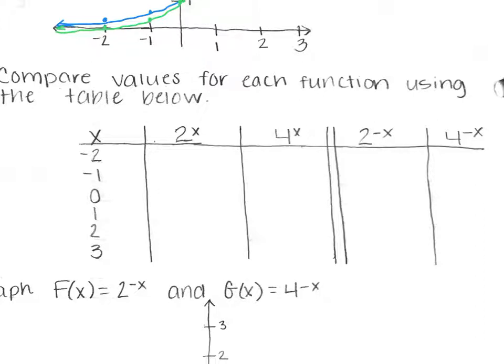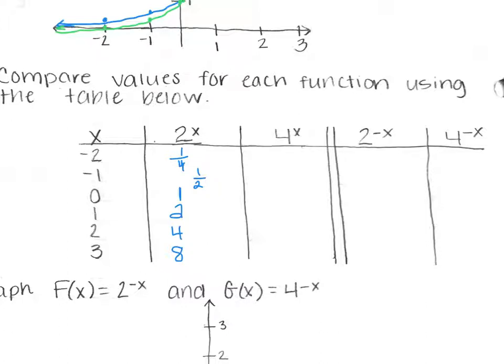So 2 raised to the negative second power is going to be 1/4. 2 to the negative first power is 1/2. 2 to the 0 power, like anything to the 0 power, is 1. 2 to the first is 2. 2 squared is 4. And 2 cubed is 8.